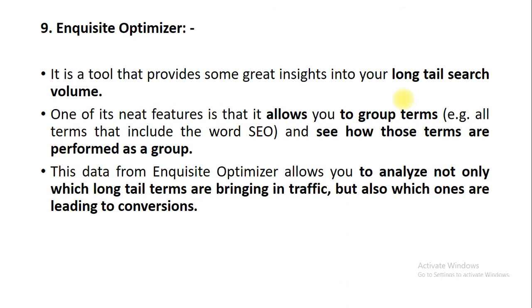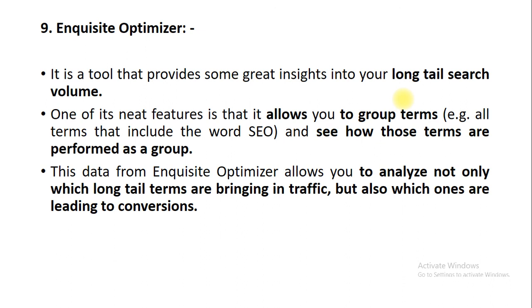Next is called Enquisite Optimizer. When you want to perform research on long tail queries, Enquisite Optimizer can be used. It allows you to group terms and see how those terms perform as a group, like bread, butter, or jam, right? So this is a combination group.